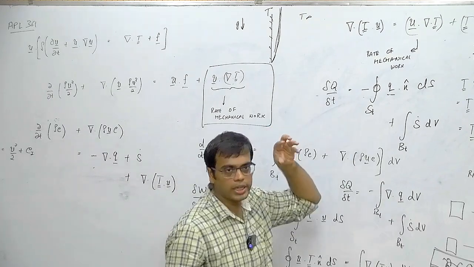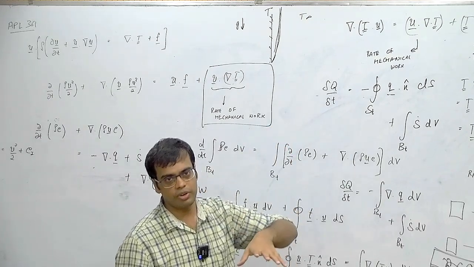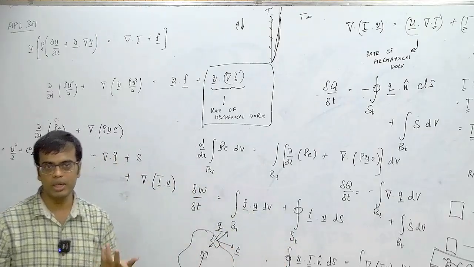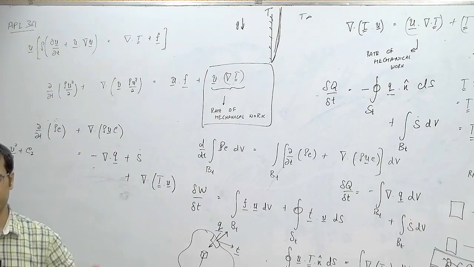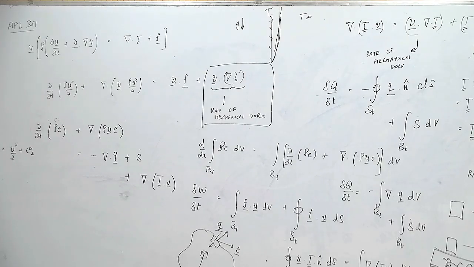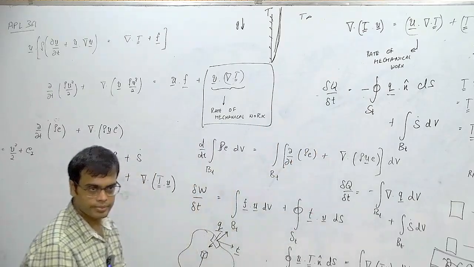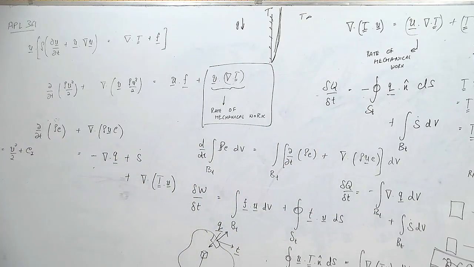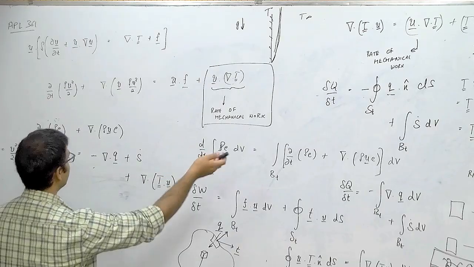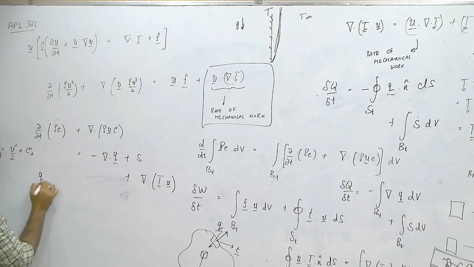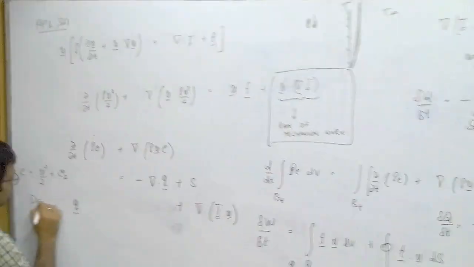So when heat is coming inside the body, that's how I'm defining Q. Q dot n, by definition of n, which is the outward normal, will be negative in that case. So to compensate for that negative, I have taken a negative sign, because when heat is adding, I want this quantity to be positive. All of this is convention. Okay, you'll see I'll just negate that negative sign again by defining this Q.